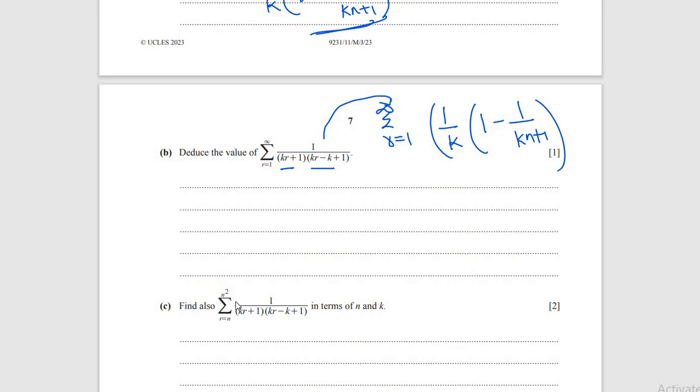Now, from R equal to 1 to infinity, it will be equal to 1 over K, 1 minus 1 over K times infinity plus 1. So all this one will give us infinity, and at the end of the day, we have 1 over K. That's it.